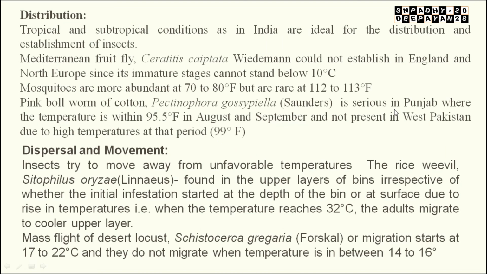Now coming to the last example, the desert locust, Schistocerca gregaria. Here, when the temperature is 14 to 16 degrees centigrade, low temperature, they won't go for swarming or mass flight.